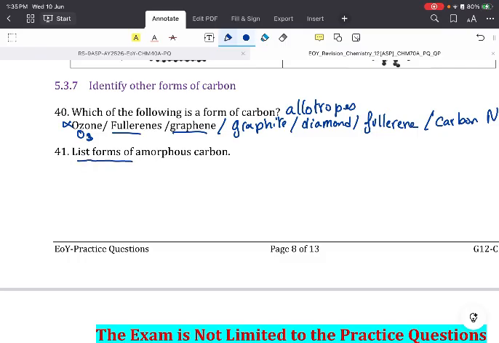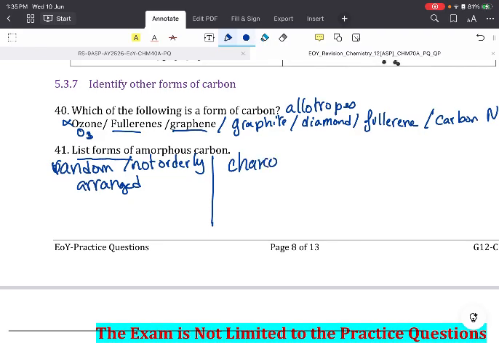Now, list forms of amorphous carbon. Amorphous carbon means when the carbon particles are solid, together next to each other, but they are not taking an ordered arrangement. They are arranged randomly. So unordered or random, not orderly arranged. And what that could be?